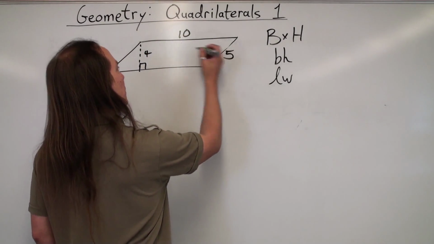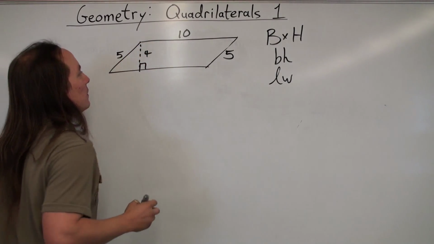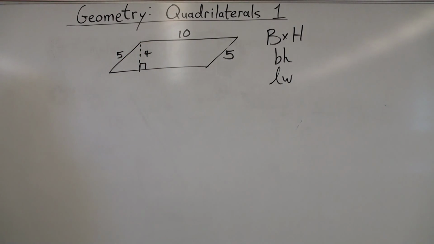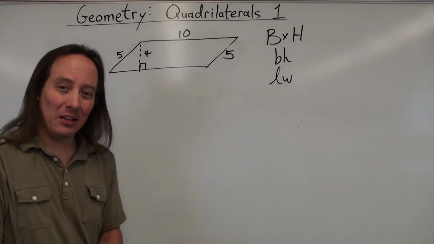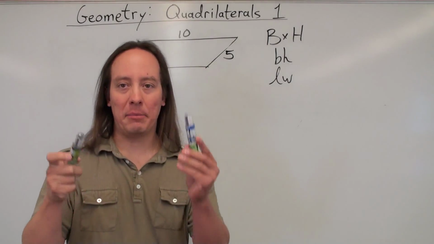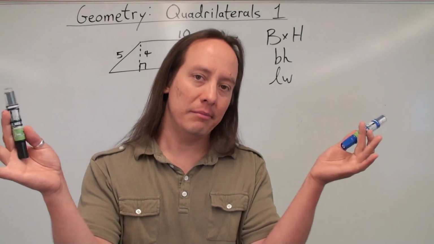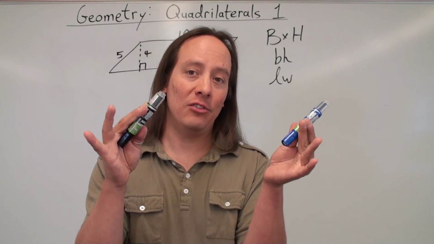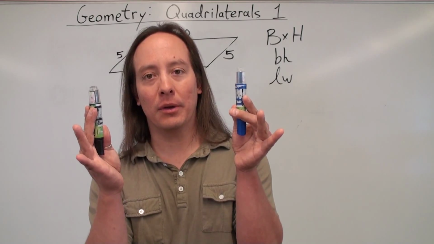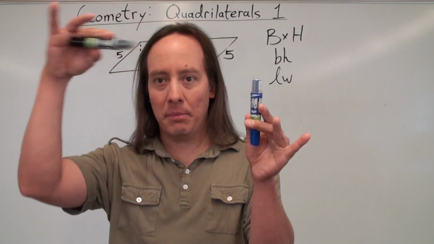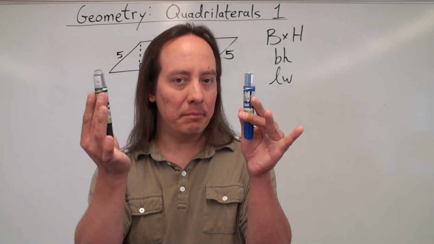Let's go ahead and put some of these guys on there too. All right. So this is a parallelogram. Parallelograms used to be rectangles, and then the wind just kind of blew them over. That's it. But you can imagine it just like a rectangle. In a rectangle, the top measures the same as the bottom.